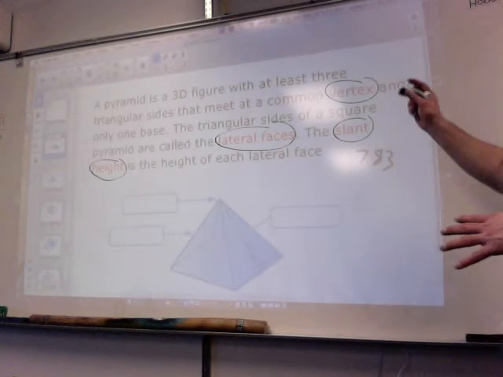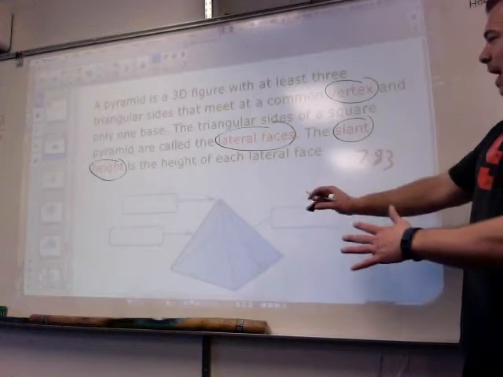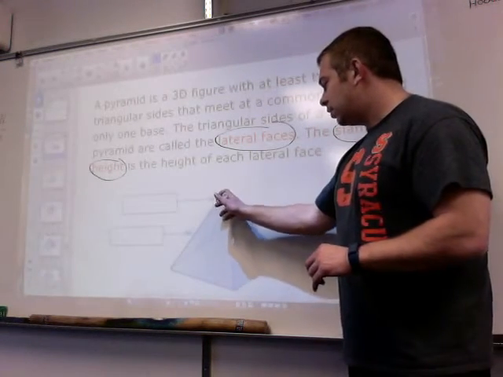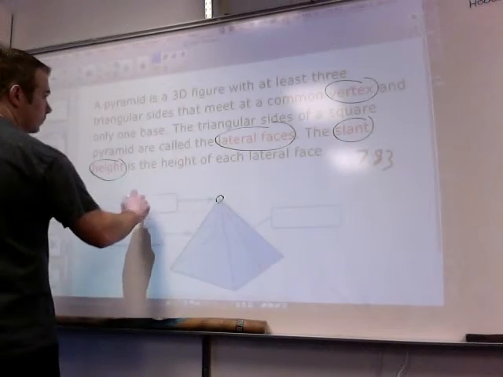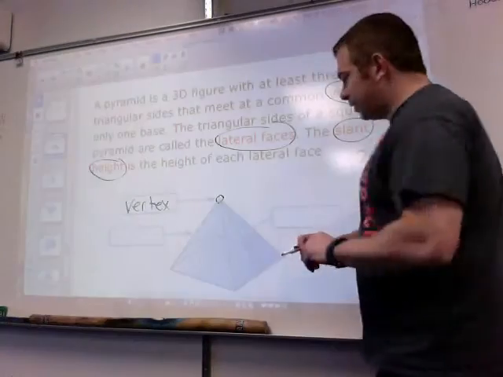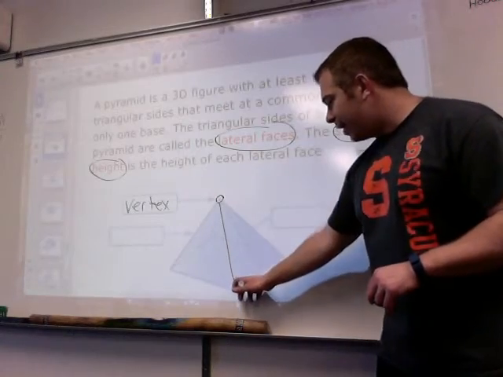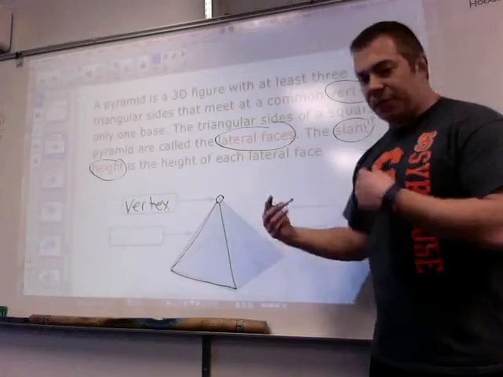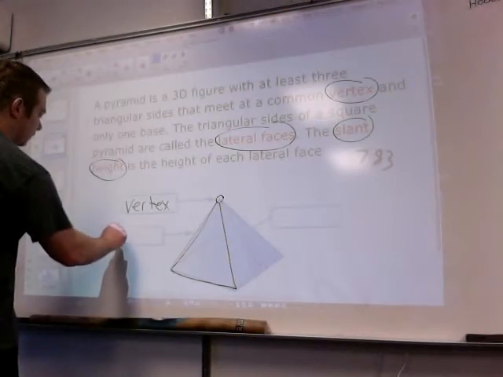So let's start off with the vertex. A vertex is when the lateral faces come to a point. All right, so the vertex is right there. So I'm going to write vertex in this box. The lateral faces are the faces of the pyramid. So this big thing, this triangle right here, which is two-dimensional of the three-dimensional figure, that triangle is my lateral face.